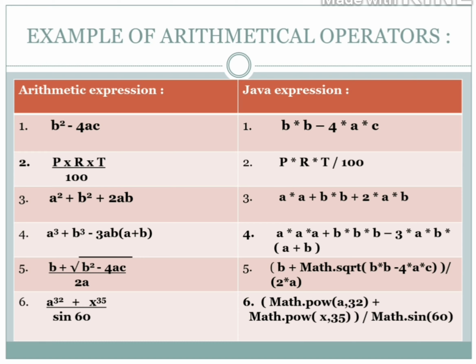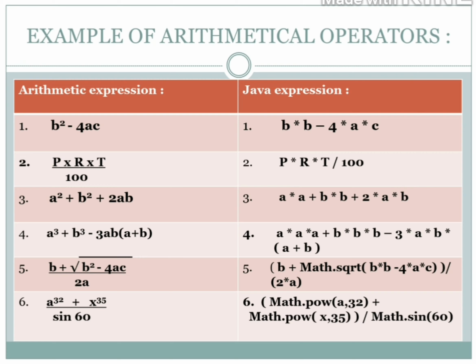And in a normal mathematical expression, we are not supposed to specify multiplication between normal variables. Means if I am writing b square minus 4ac, we are not supposed to indicate 4 into a into c. We know that because we are humans and we have this much tendency.